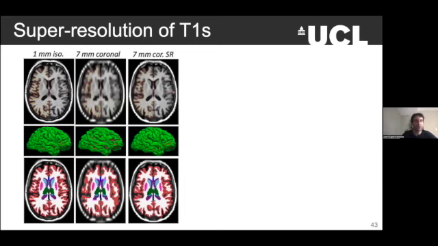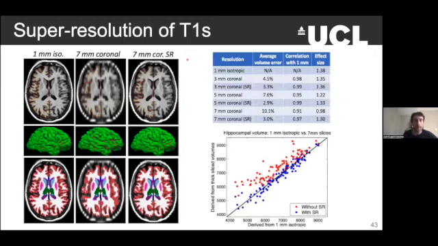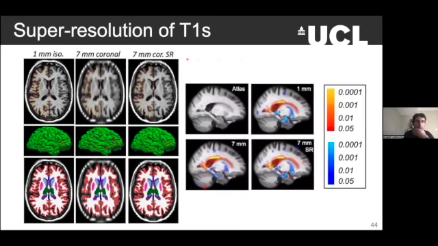After the super resolution, you recover a lot of the high-frequency details, and you get a nice FreeSurfer segmentation. Long story short, if you want to do, for example, hippocampal or subcortical segmentation, or tensor-based morphometry, any sort of registration, you can get away with 5 to 7 millimeters, no problem.